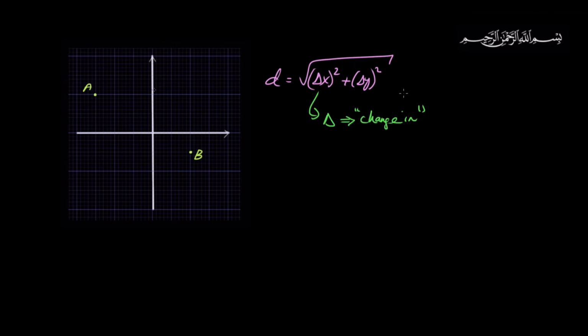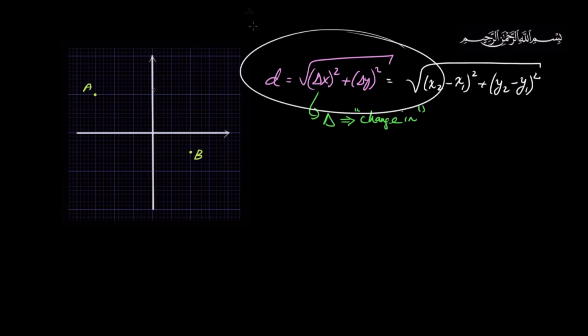If you were to write this out in the long version of the same formula, you would write a nice long radical symbol. Change in x would be x2 minus x1, squared, plus y2 minus y1, squared, and you take the square root of that to find the distance.